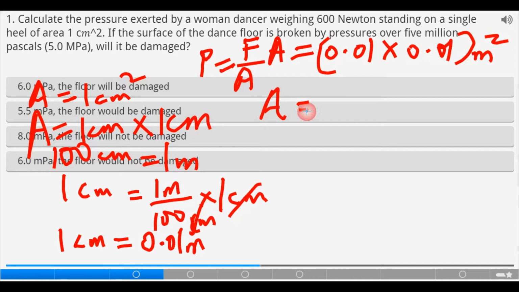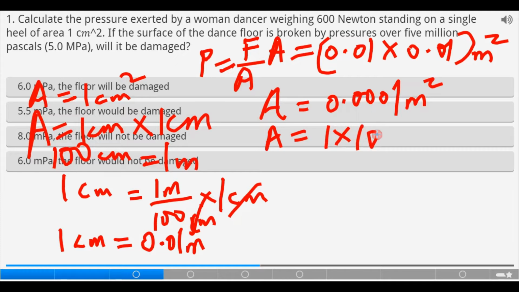Area now will be 0.0001 meter squared, which you can write in standard form as 1 times 10 raised to power minus 4 meter squared. With that, our pressure now becomes force over area.